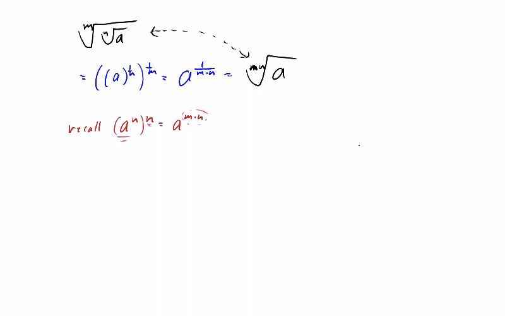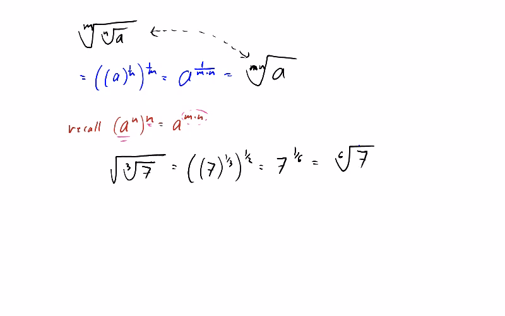Let's take an example of this. Let's look at the square root, notice there's no 2 written, of the cube root of 7. This could be intimidating at first, but if you rewrite it as 7 to the 1/3 power to the 1/2 power, in this case I didn't need the inner set of parentheses, you could realize that that would be 7 to the 1/6 power, which you could optionally write as the 6th root of 7.